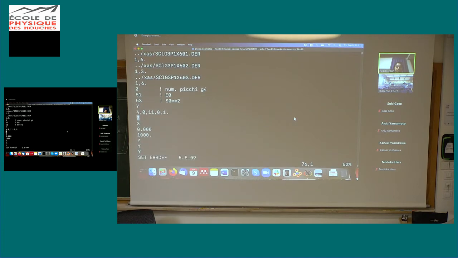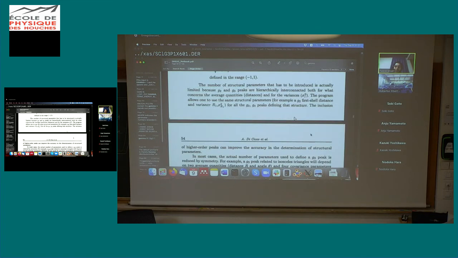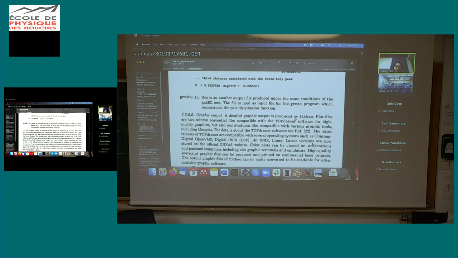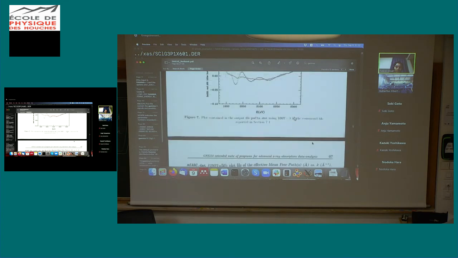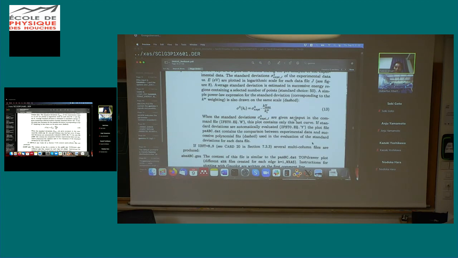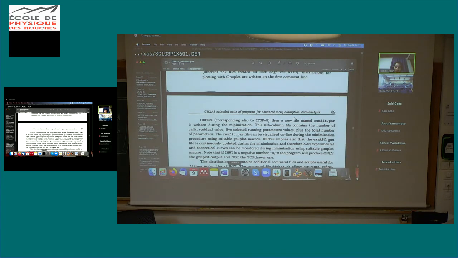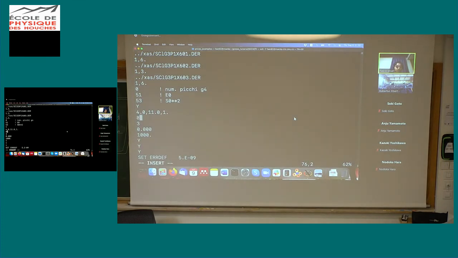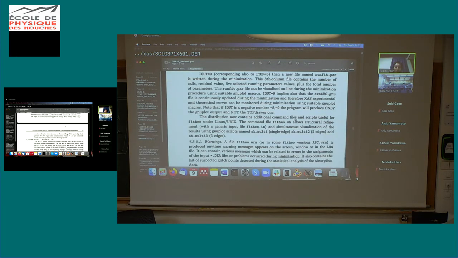Okay, then this parameter is just for plot purposes. So wait, if I remember correctly, we should put 8, not 7. Yeah, we should put 8. Let me check to be sure.